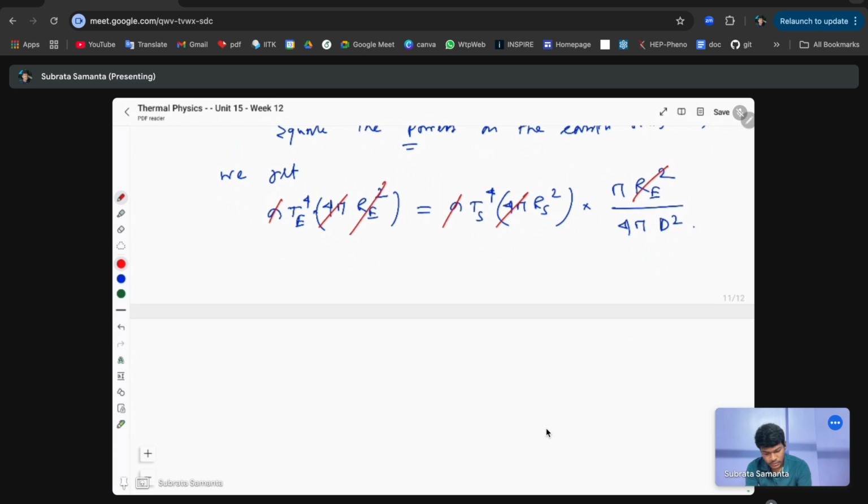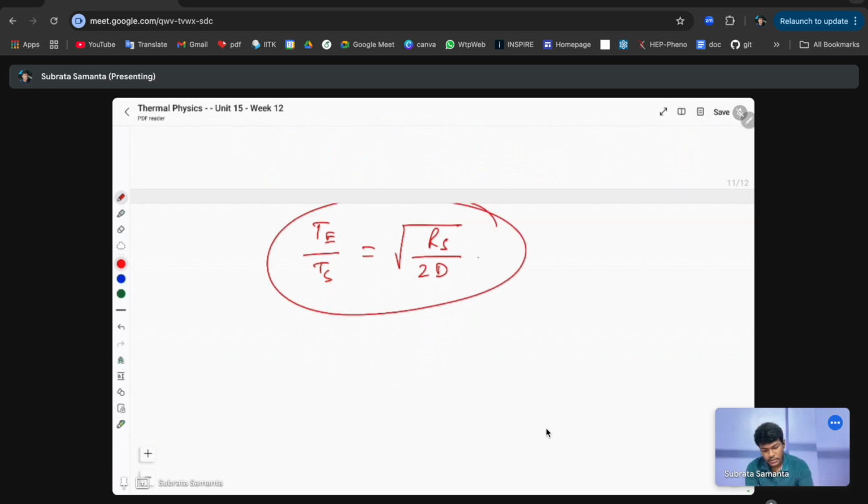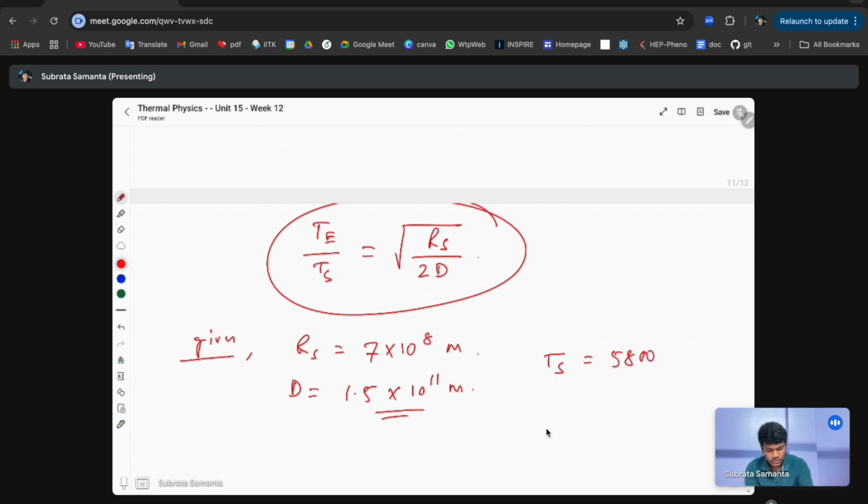So you are left with Te over Ts, the earth temperature over the sun temperature, which is basically the square root of Rs over 2D. So this is the result. Now let's say given the radius of the sun Rs is 7 times 10 to the power 8 meter, the distance between earth and sun is 1.5 times 10 to the power 11 meter, and the sun temperature is 5800 Kelvin.